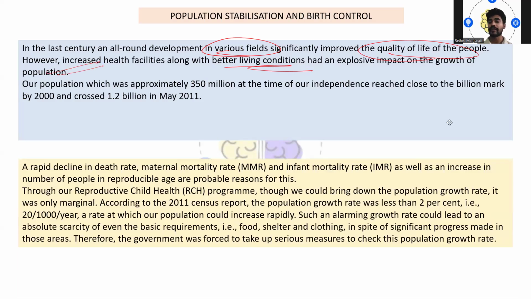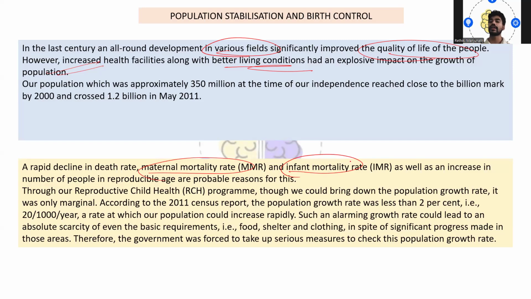Because of all these advantages, there has been a rapid decline in the death rate, the maternal mortality rate and infant mortality rate, that is MMR and IMR. These are nothing but maternal mortality rate and infant mortality rate. Because of these advantages, the death rate has been decreasing.